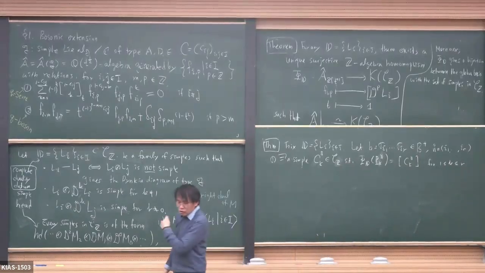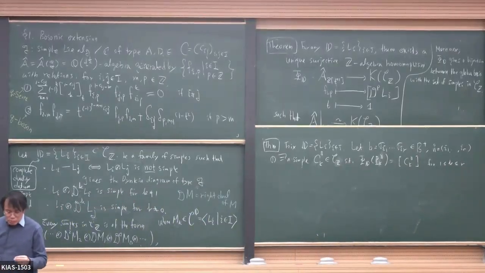What I mean is that under the homomorphism, the PBW generator corresponds to some class of simple modules.